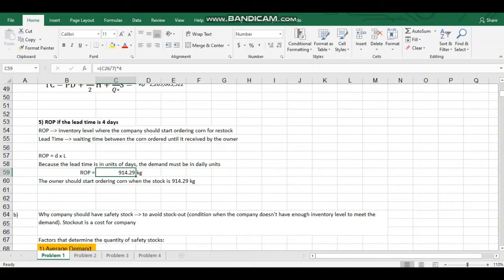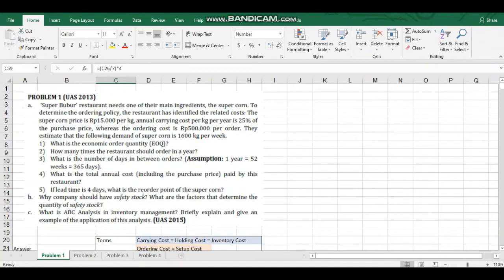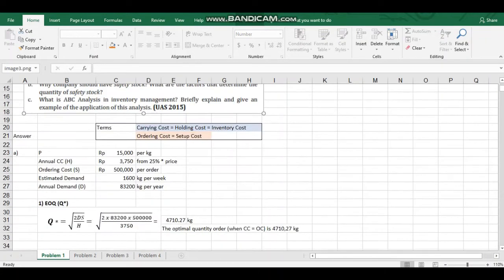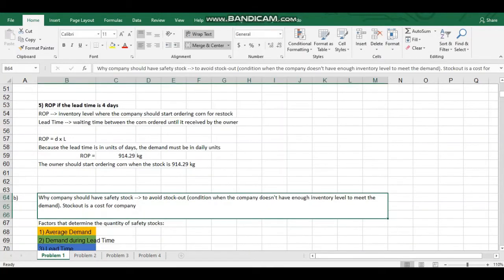And then point B, the question is why companies should have safety stock. What are the factors that determine the quantity of safety stock? So the reason why the company should have safety stock is because safety stock is used to avoid stock out, or stock out is a condition when the company doesn't have enough inventory to meet the demand.